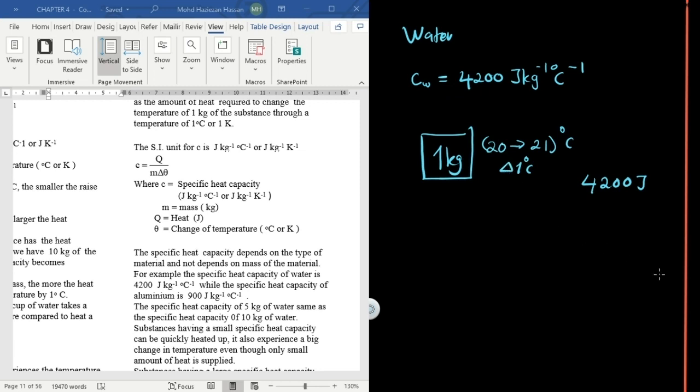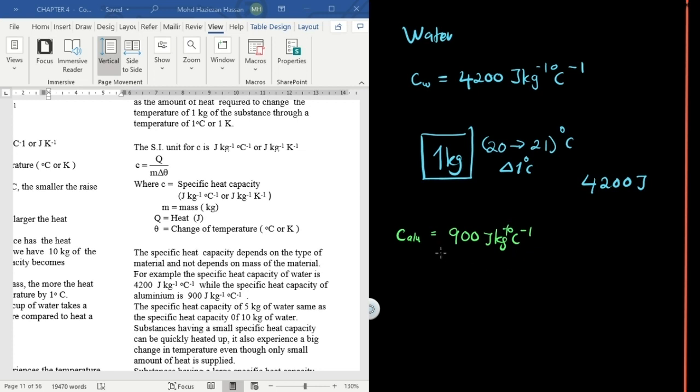And if we look into aluminium, another example, given aluminium, the small c for aluminium is equal to 900 joule per kilogram for a change of 1 degree Celsius.